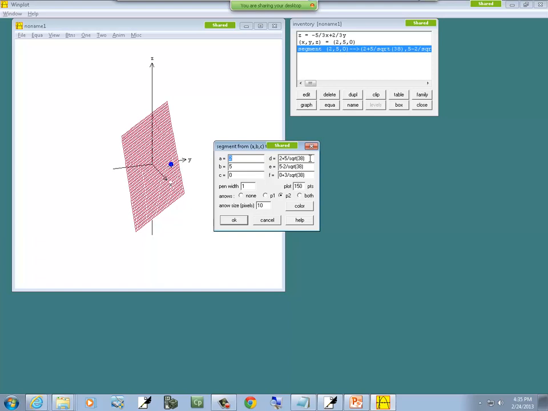So 2 plus 5 divided by square root of 38 is 2.81, and 5 minus 2 divided by square root of 38 is 4.68.